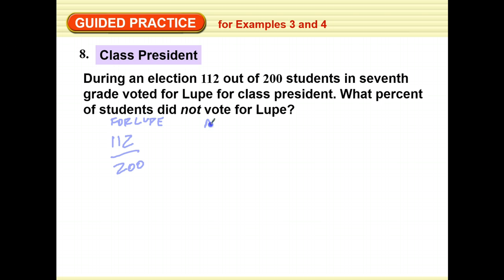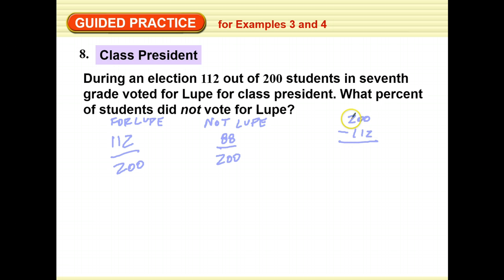Okay, how many did not vote for Lupe? Okay, well, if 112 out of 200 voted for Lupe, then we know that 88 did not vote for Lupe. And what I can do is say 200 minus 112.